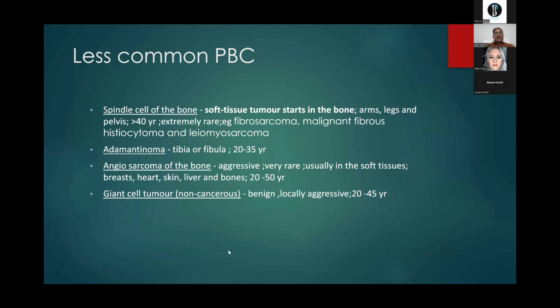Angiosarcoma of the bone is a very aggressive but, fortunately, very rare cancer. And there is a giant cell tumor as well, which is more a benign tumor. Giant cell tumor is quite a common lesion, especially in upper limbs, and the name can mistakenly sound aggressive, but it's a very benign tumor and can be very safely excised.